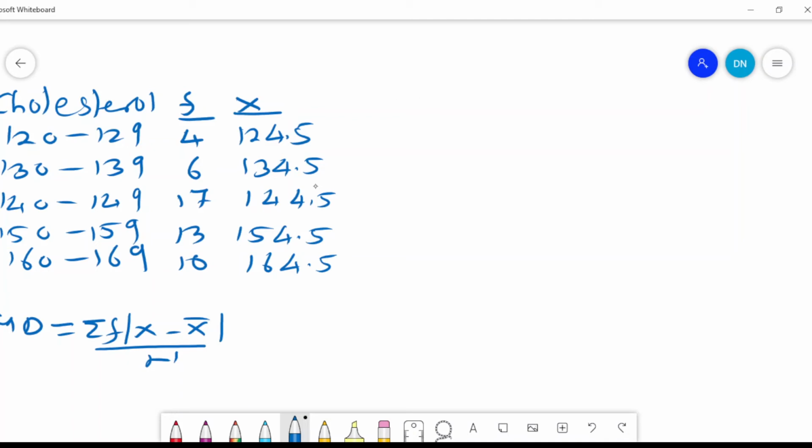The other thing I'll require is the x bar, which is the mean. So I need to get f times x. I'll multiply f times x. That is, f times x is 498, 807, 2456.5. That is 17 times 144.5.